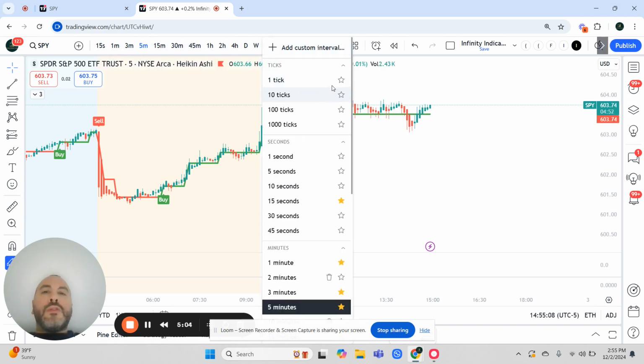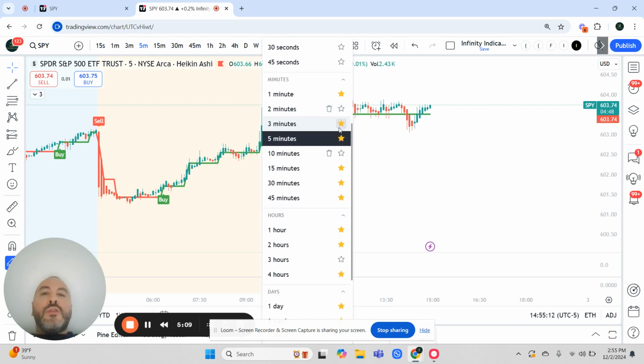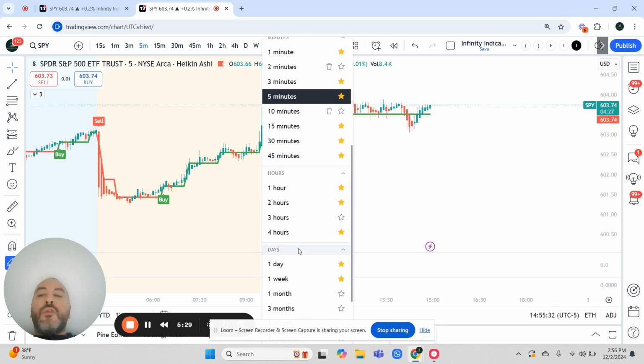Probably not all of them, because I have starred different time frames, and I use these for different styles of trading. So if I want to take a day trade, I may take it off the 1 minute chart or the 3 or the 5 minute chart. If I want to take something like a swing trade, I may go up to the 1 hour or the 4 hour. And if I want to take a longer trade, I may go off the day or the 1 week chart. Okay. So what does that mean?